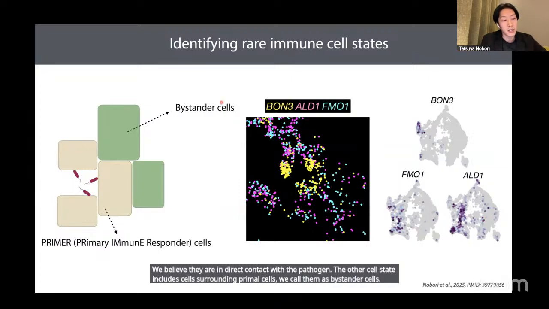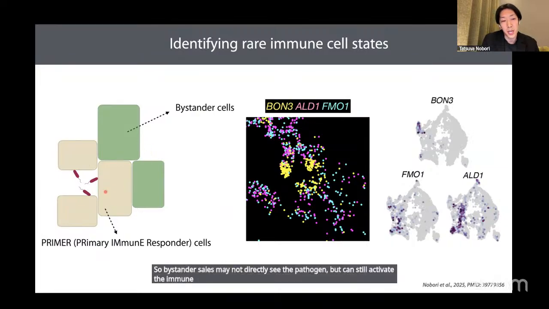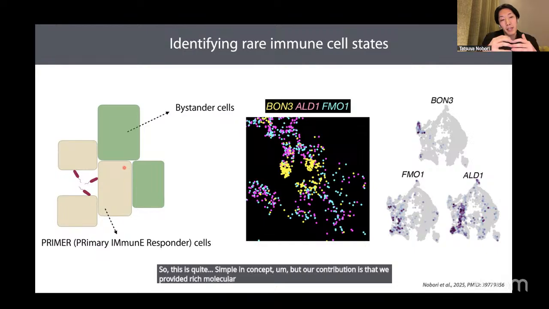So bystander cells may not directly see the pathogen, but can still activate the immune responses because primer cells can tell bystander cells. So this is quite simple in concept, but our contribution is that we provided rich molecular information that can distinguish these two cell populations. For example, this is the spatial transcriptome data.